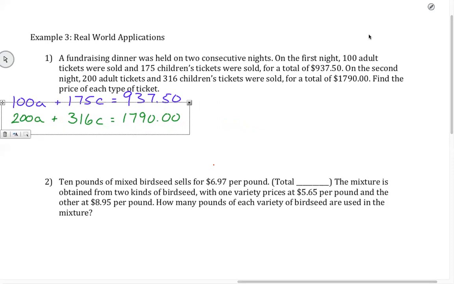all right, with substitution, I need to pick an equation and then get a variable by itself. So Julia, which variable would you like to isolate? In which one, the blue or green? All right, so let's get A by itself. So first thing I'm going to do, since you chose that one.